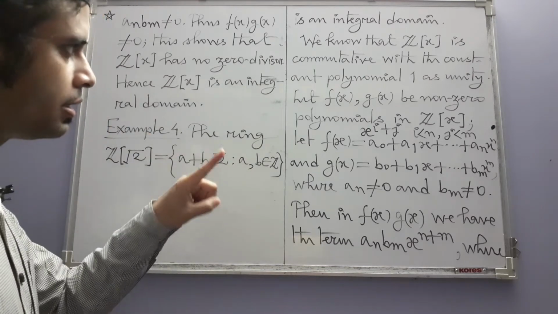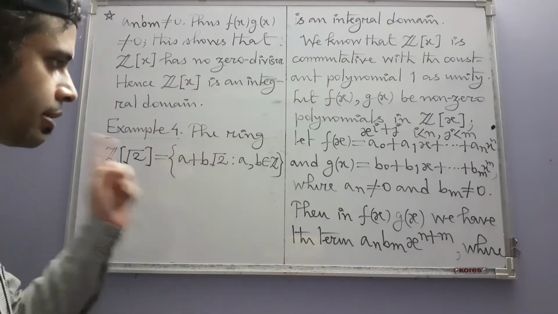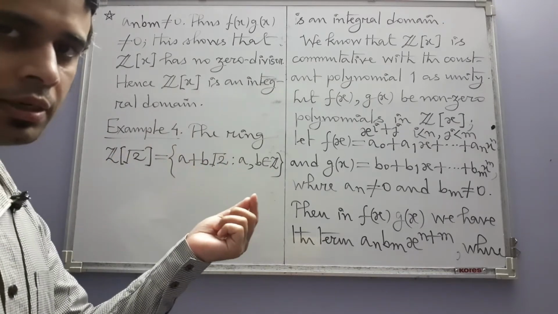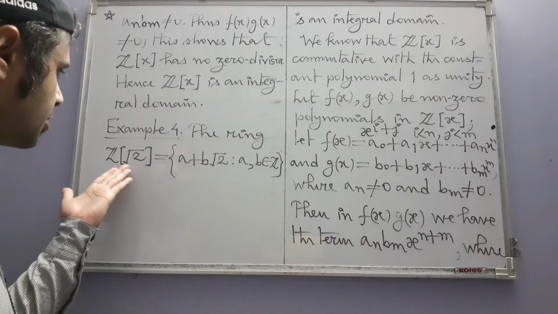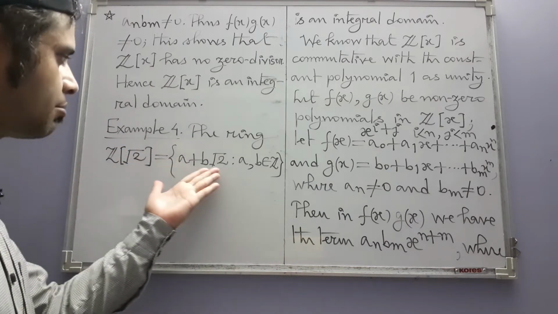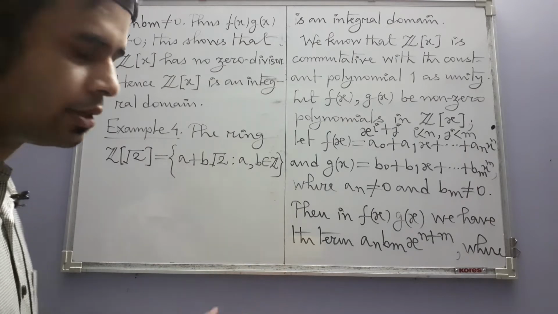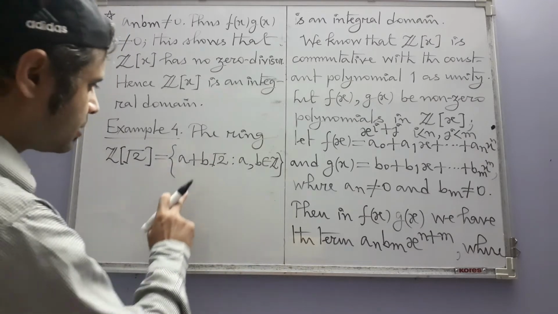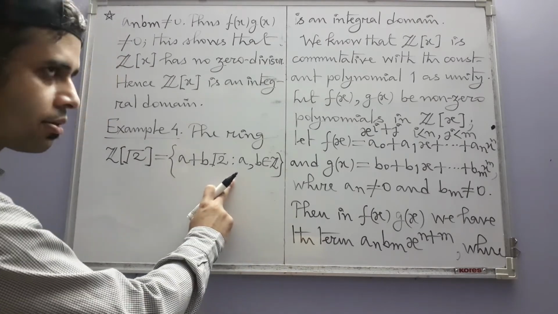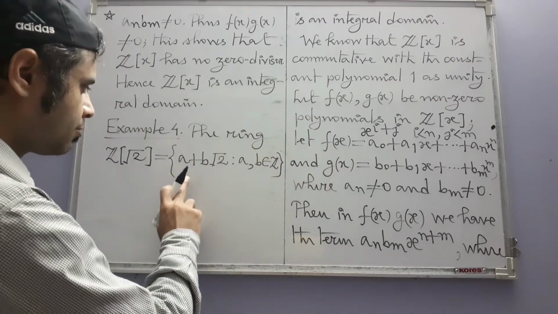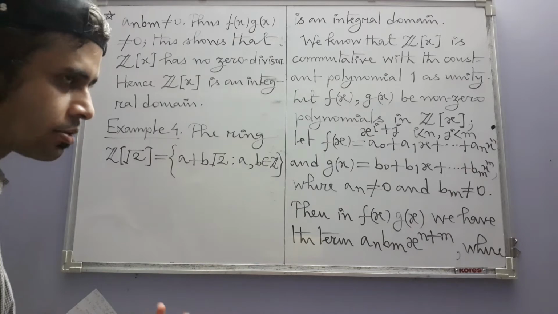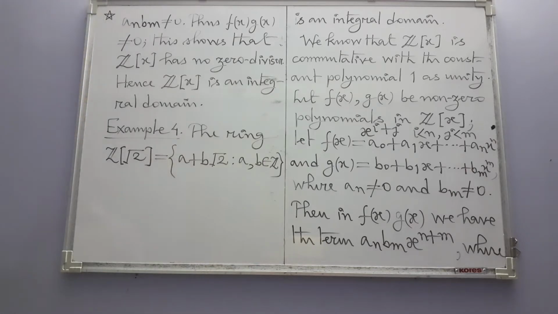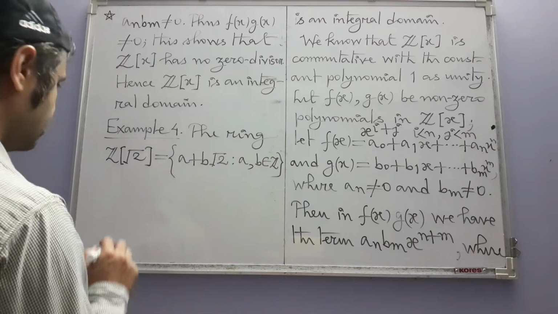The Gaussian integers are obtained by attaching the imaginary unit i to the ring of integers. This one is obtained by attaching the irrational number square root of 2 to the integers. And that is why the form of the elements is also like what you have there. In place of a plus bi, we have a plus b square root of 2. And this ring is an integral domain.